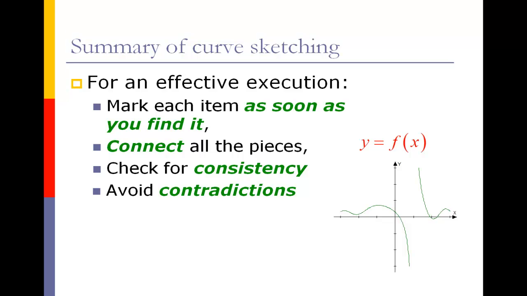So make sure that if you found out that the function is supposed to be increasing on a certain interval, it is increasing, and that that interval of increase also is consistent with the intercepts, with the concavities, and so on and so on. So try to do all these things again one piece at a time.